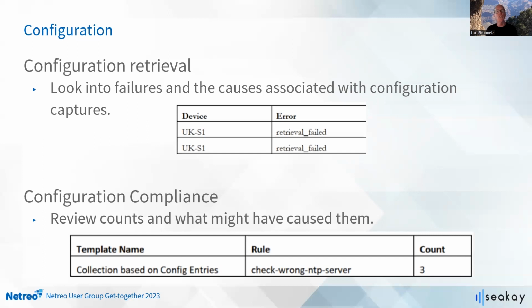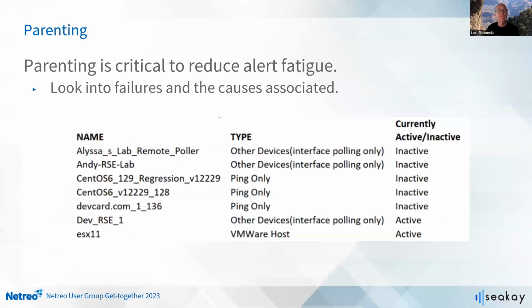Configuration compliance reviews. If you've used this feature, there's a rule and a template that gets applied and how many times it's actually failed. So we'll review the counts if you have configuration compliance enabled and which ones of these are being overused or shouldn't be tracking that kind of account.